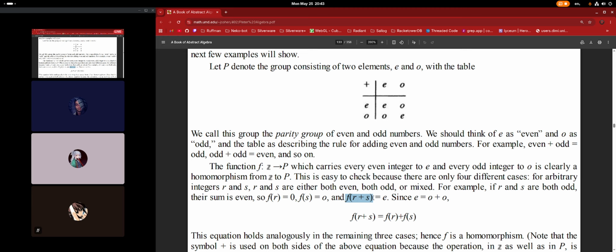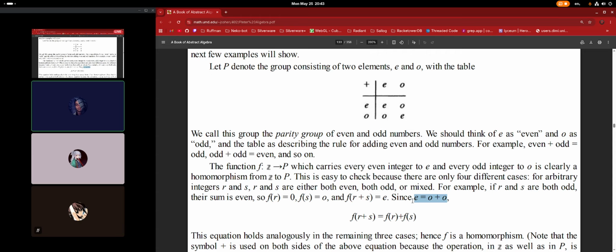So we know that if both of them are odd, according to the table, the result is going to be even. And we have to check what happens with the sum when applying f to it, and that's going to hold, right? So this is true. And then since this is also true, yeah, actually I did that the other way around.